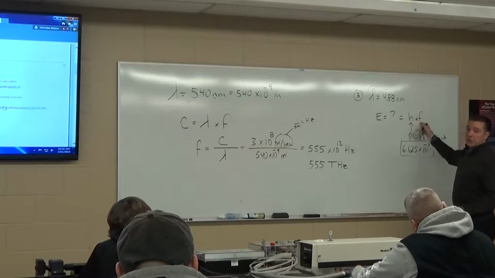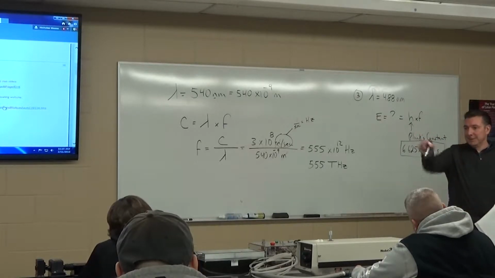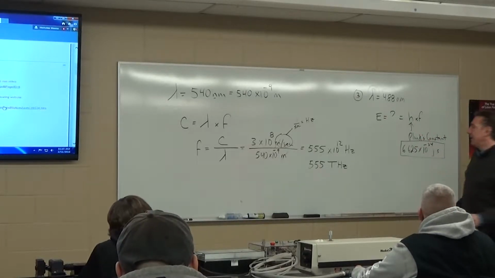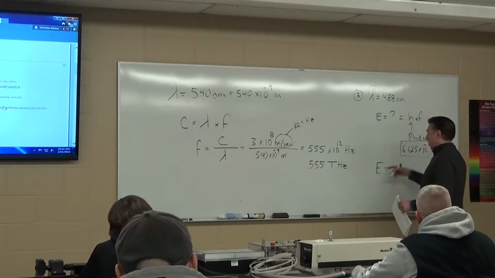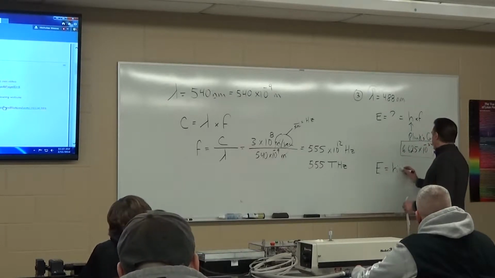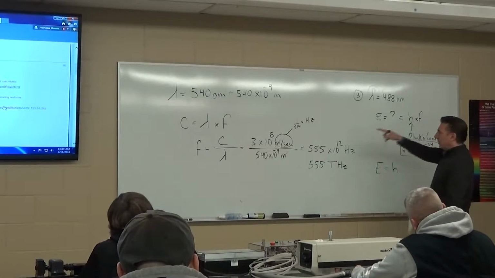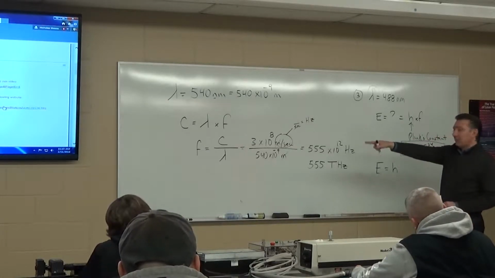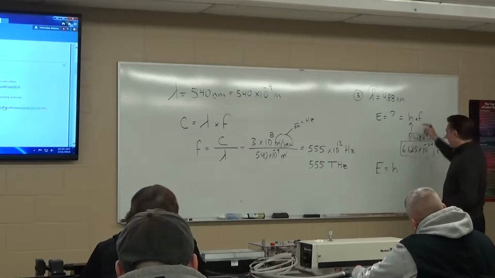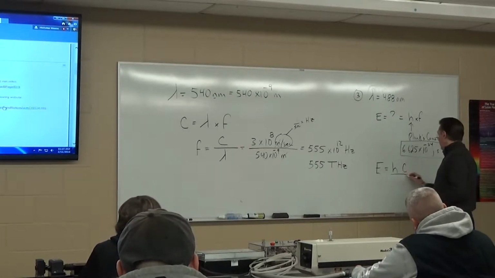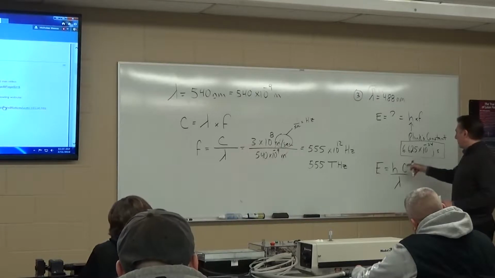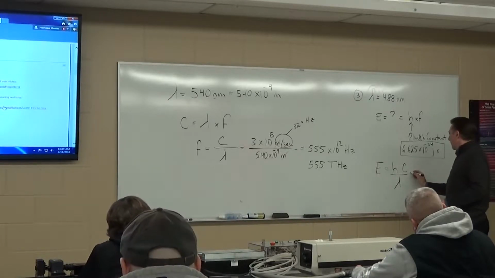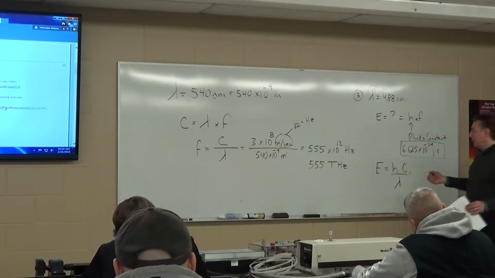But there's another equation that relates energy to wavelength. It's Planck's constant times the speed of light divided by the wavelength. Right. So we can also express energy in joules as h times, using this same relationship here, f is equal to c over lambda, you plug that in here. So we have h times c over lambda. Okay? So we know what Planck's constant is, we know what the speed of light is, we know what the wavelength is, we can go ahead and crank out what that energy is.